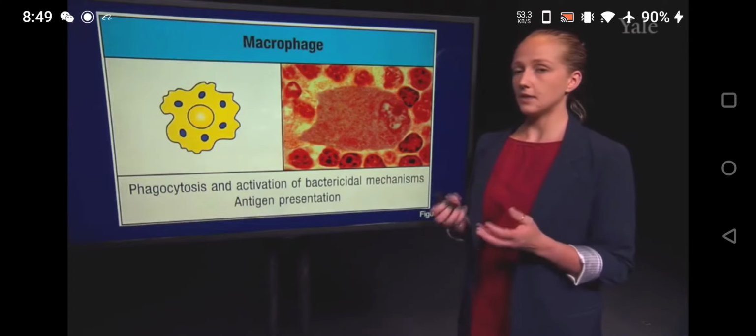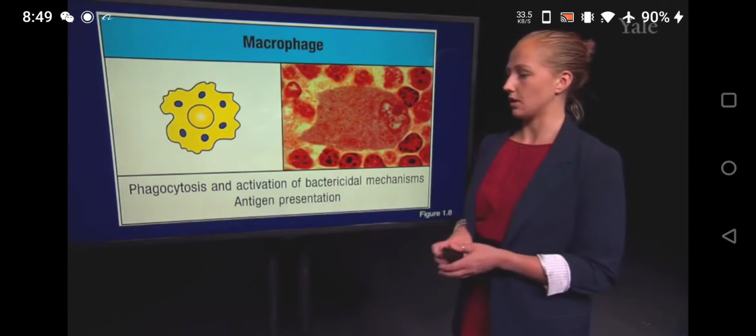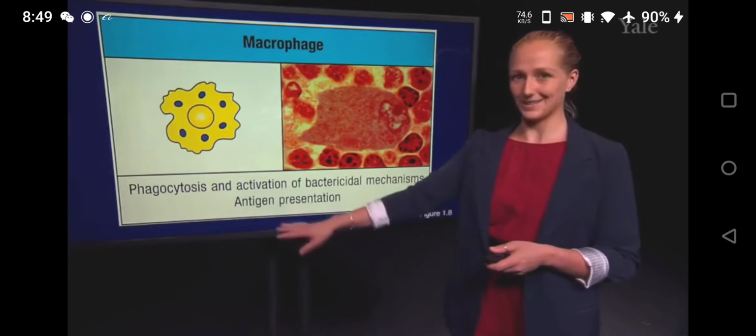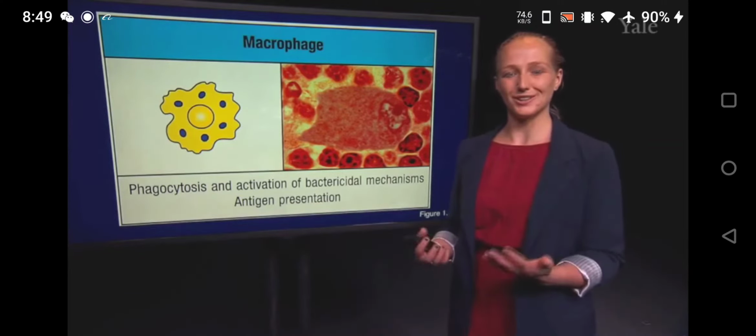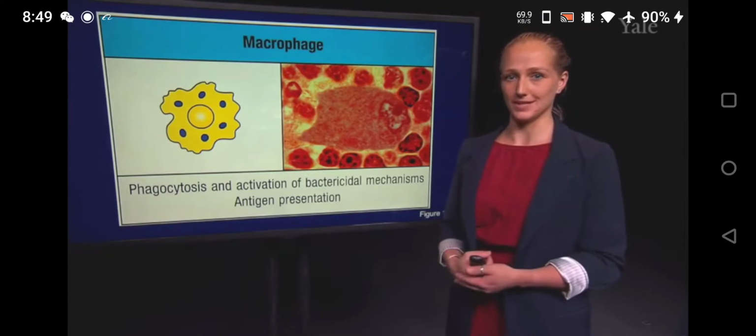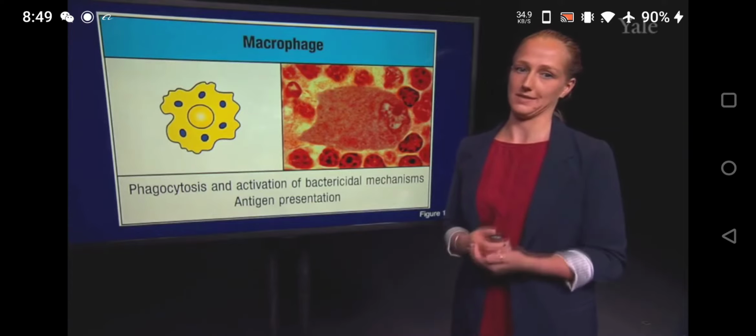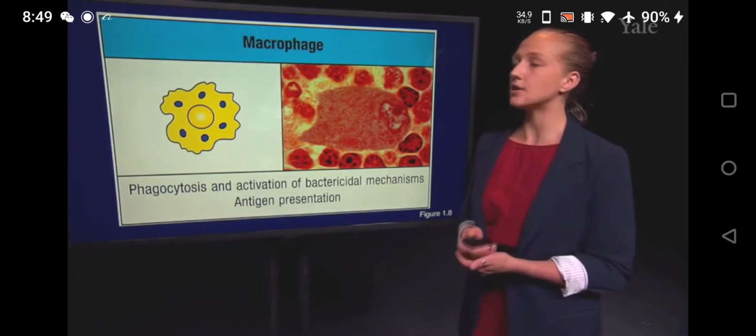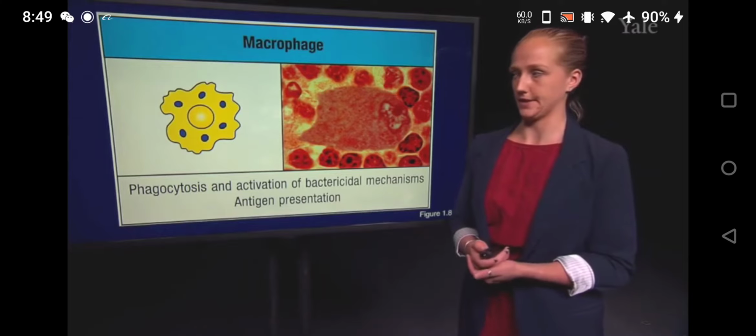And these presented proteins, or presented antigens, are really critical in activating the adaptive immune system, which you heard briefly about in the previous lecture. And I'll go into a little bit more detail in a few slides.